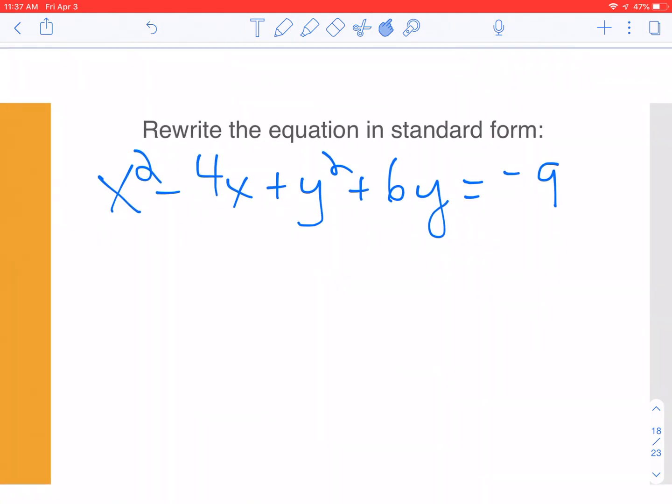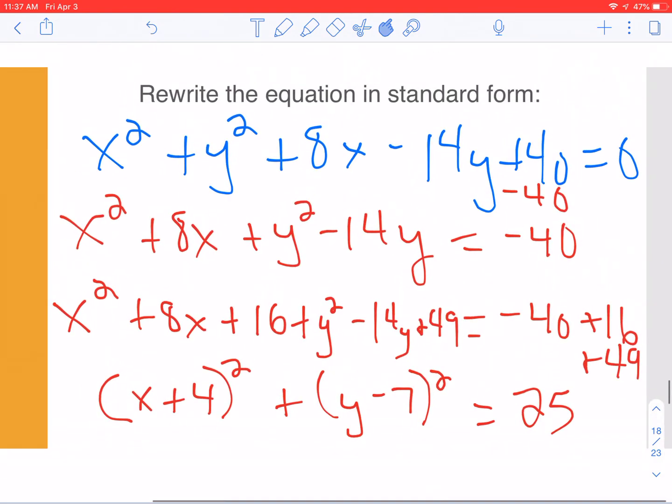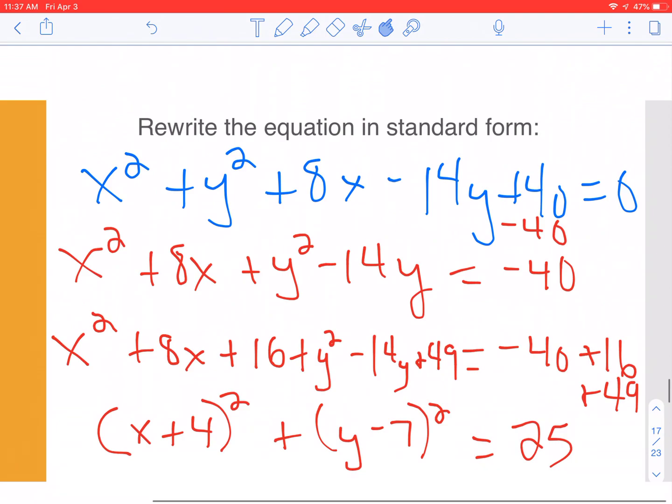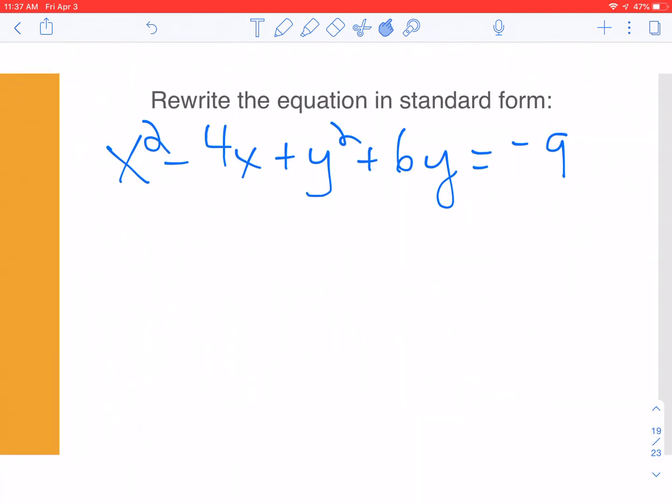Okay, let's do this one. I already combined the x's and the y's for you ahead of time. And the 9 is already on the other side for you. So it's kind of one step. If you look up here, that's equals 0. This is kind of a couple steps ahead for you. Okay, so we're going to get x squared minus 4x. Half of 4 is 2. 2 squared is 4.